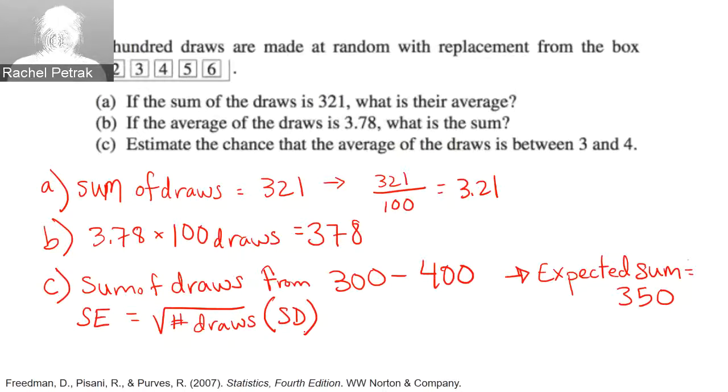I'm going to just give it to you right now because we just did the standard deviation. The standard deviation is 1.7. So then our standard error is equal to the square root of 100 draws times 1.7. So it'll be 17.